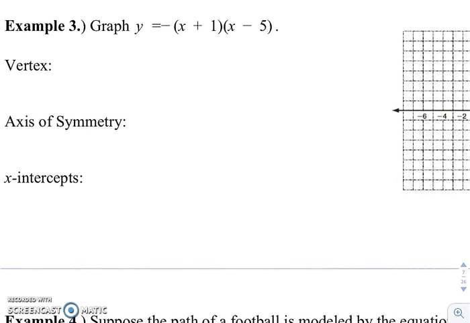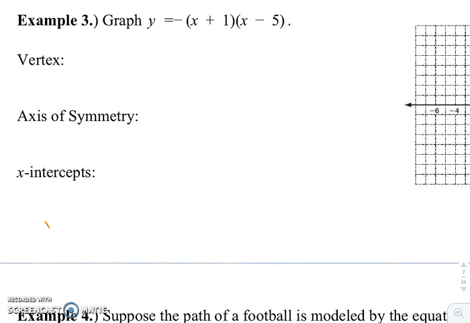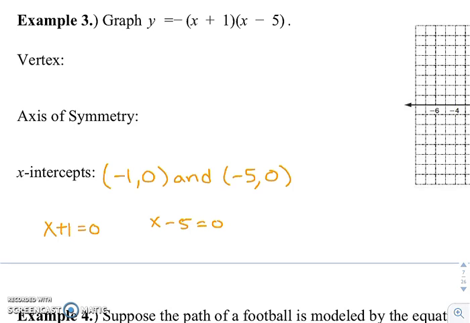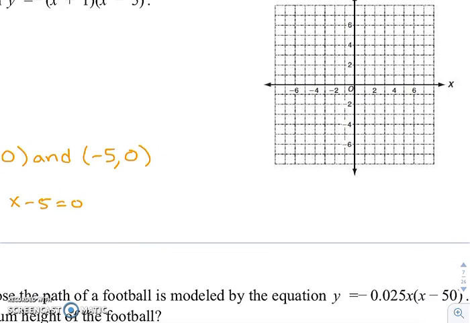In this case, technically, algebraically, you would set both of those factors, x plus 1 and x minus 5, equal to 0, and that leads you to your x-intercepts being negative 1 and positive 5. And we write intercepts, because they're points, as ordered pairs. So you can go ahead and plot those if you want.